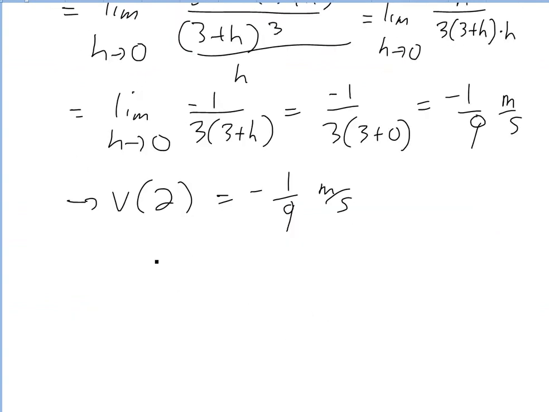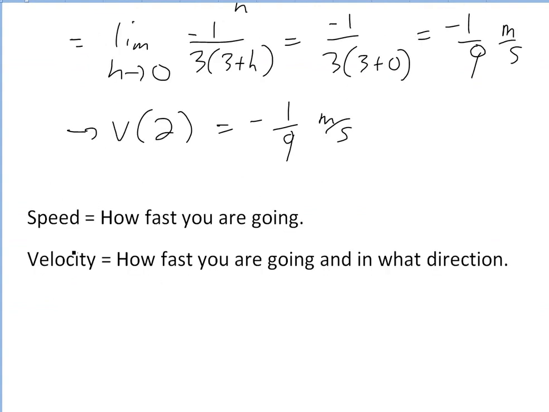But now what is speed? Speed is actually how fast you are going. I've just written what speed and velocity mean here. The speed is basically how fast you are going, and the velocity is also how fast you're going and in what direction. So in this case it's negative, or opposite of whatever positive is.